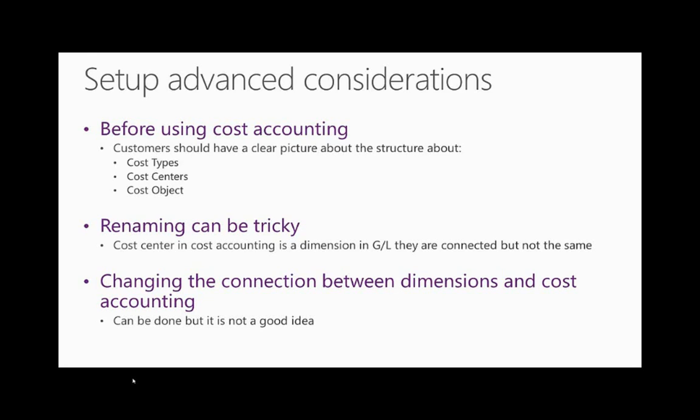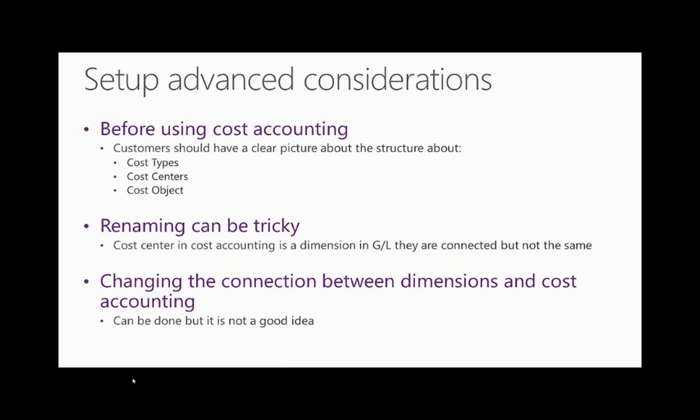Cost type is not so important. You can use the cost types in a one-to-one relationship to the GL accounts. If you spend some time considering cost types as well, you may be able to shrink down the data size, but you can also use the cost types in a one-to-one relationship.